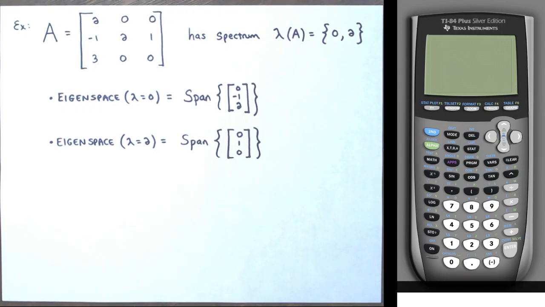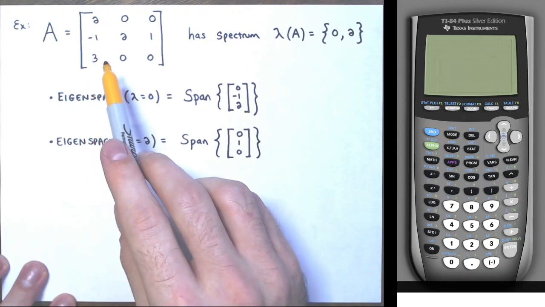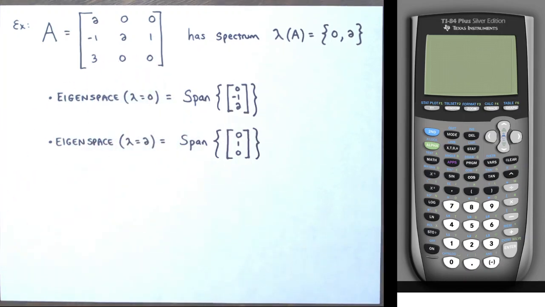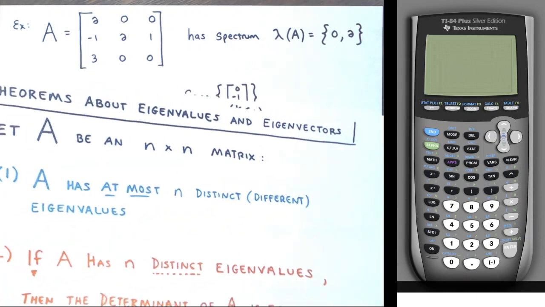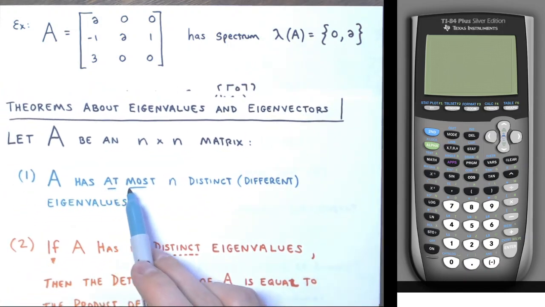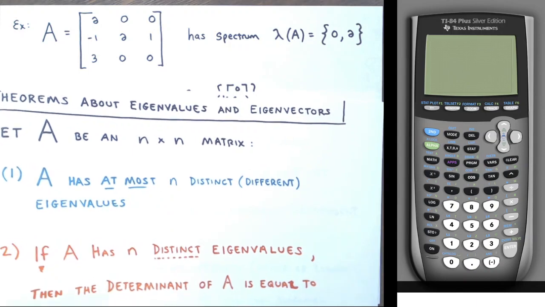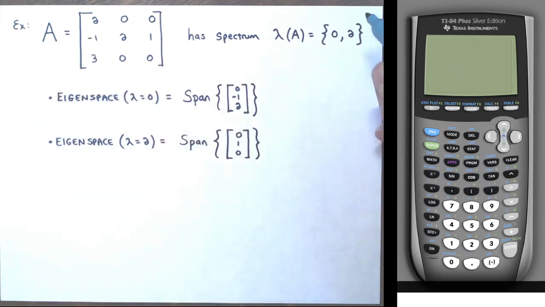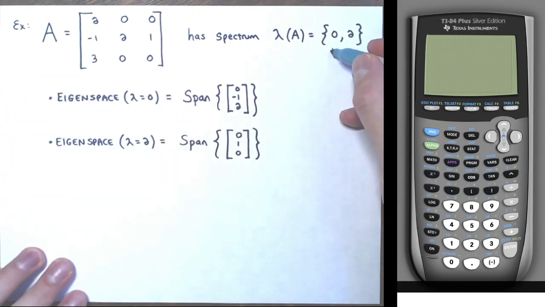You can do that on your own if you wish. So, this time, a 3 by 3 matrix. According to the first statement, it should have at most 3 different eigenvalues. And it does. It has 2 different eigenvalues, 0 and 2, 2 distinct eigenvalues.